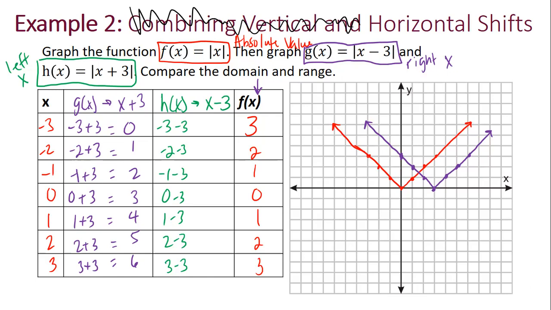You're just manipulating the parent function. So we get -6, -5, -4, -3, -2, -1, and 0. My input can be negative with absolute value. It's just my output cannot be negative.